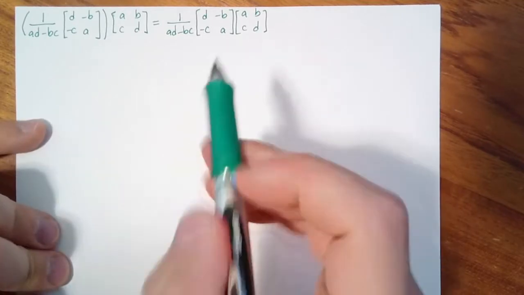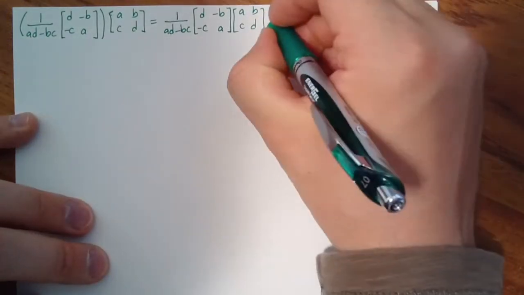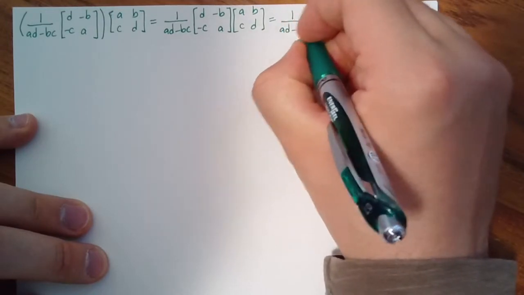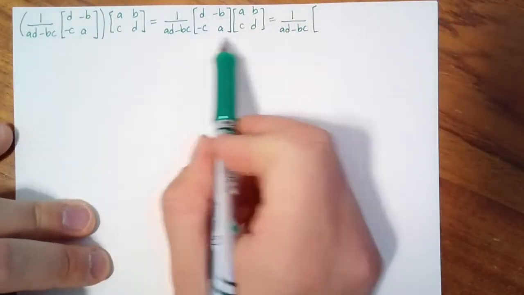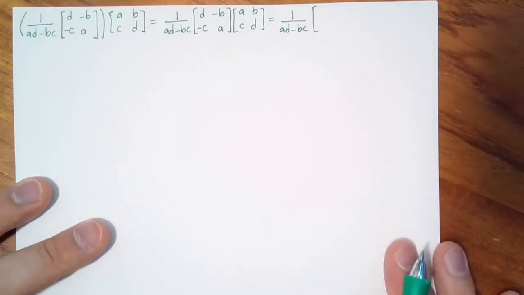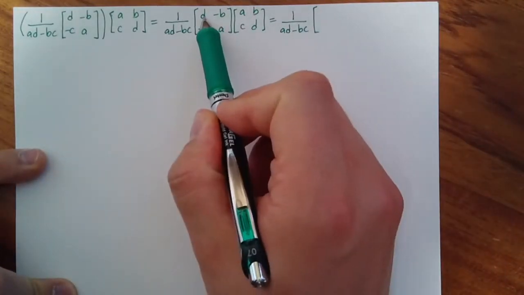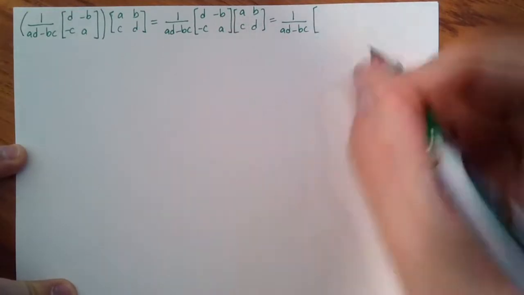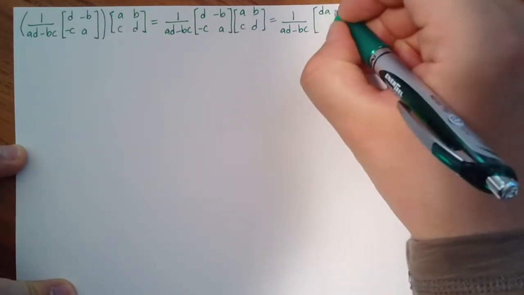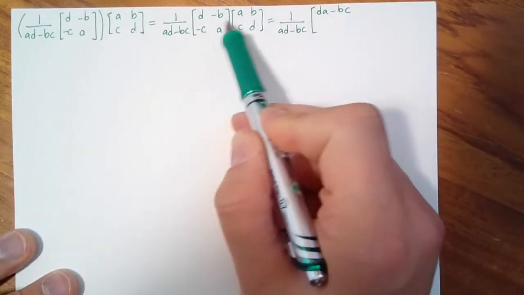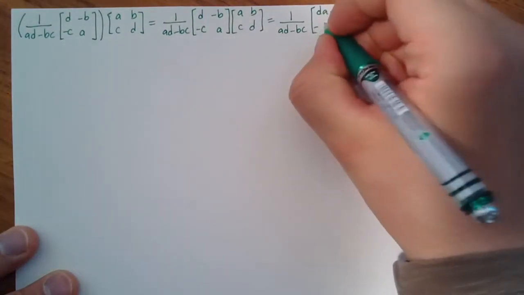Okay, so let's actually multiply these two matrices. The scalar will stay out front. We've got 1 over AD minus BC. But now we're going to multiply these 2 by 2 matrices and get a 2 by 2 matrix as a result. So let's work out this entry. We have D times A and negative B times C. We've got DA minus BC. Now for the entry down here, we'll have negative CA plus AC.